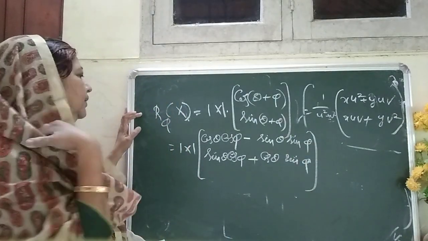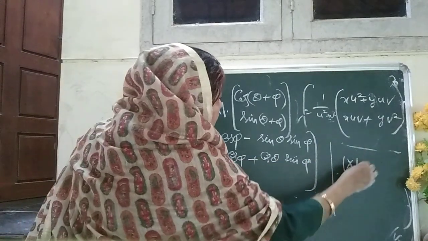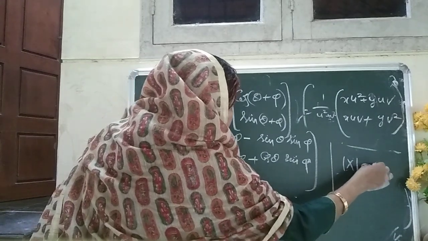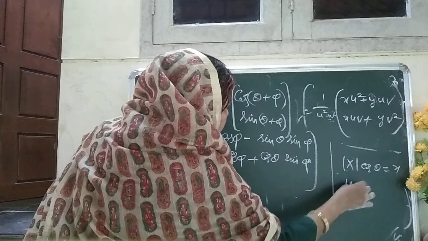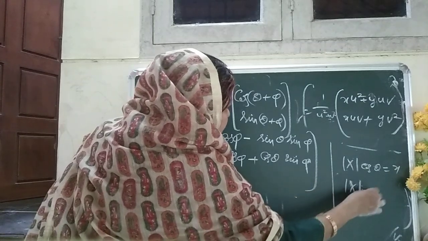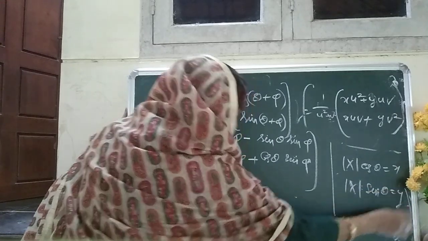But we know |x| cos θ equals x, and |x| sin θ equals y.